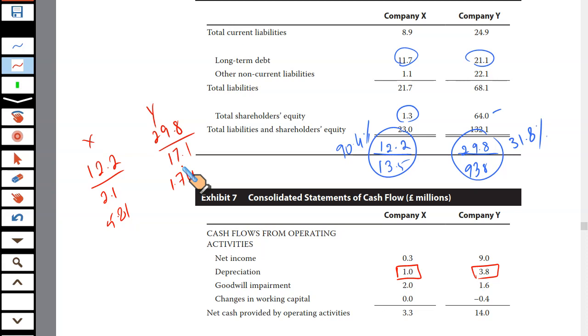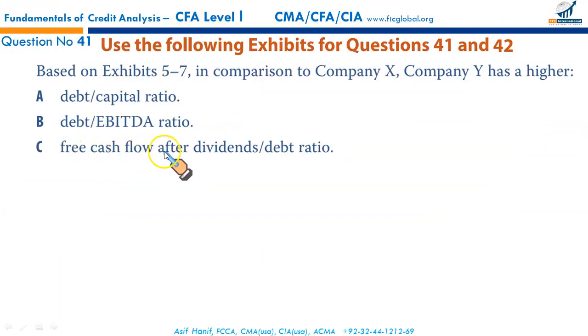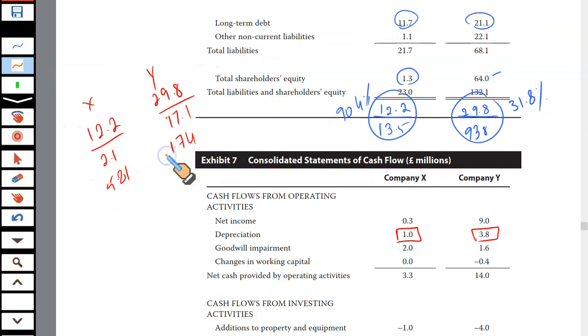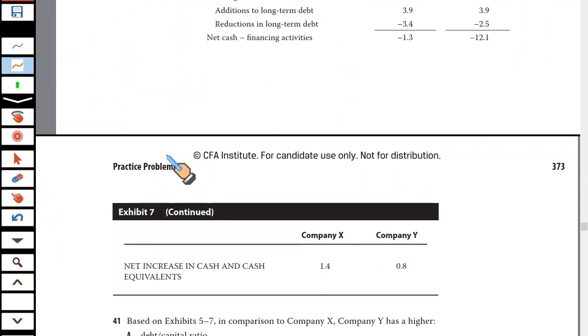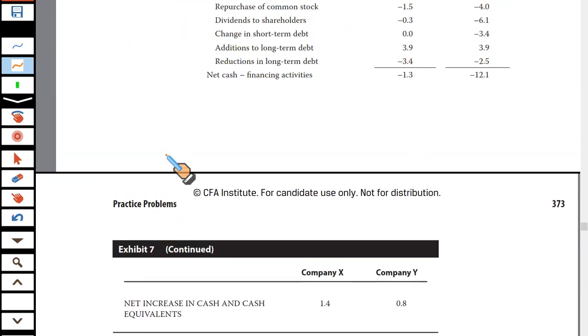Option C. What do we need to calculate in option C? Let's see. Free cash flow after dividends upon debt ratio. Free cash flow after dividend upon debt. This is the third measure. Free cash flow can be calculated from your cash flow statement here.